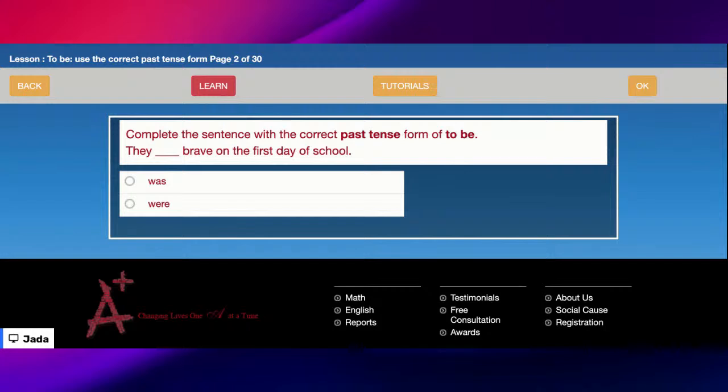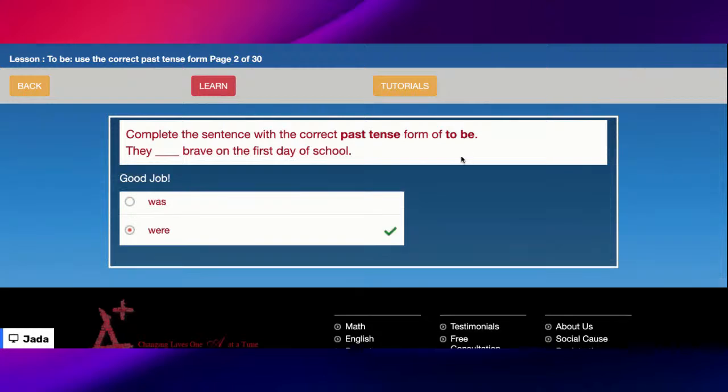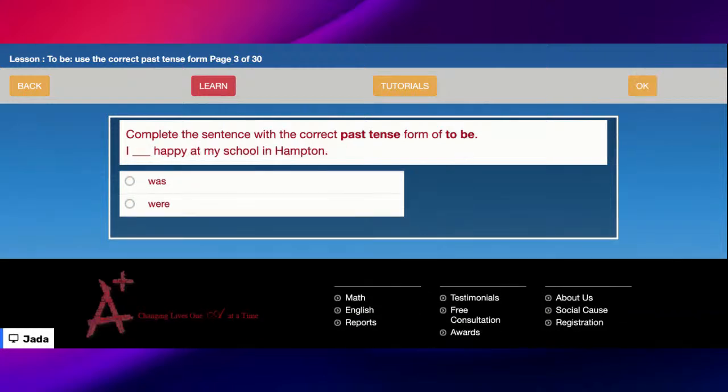Okay, this one. What's the right answer here? There, there was no. Was is for singular, like she, he, it. This is they were. Okay, so where is like the most suitable one with this one, okay? So I dash happy at my school in Hampton.